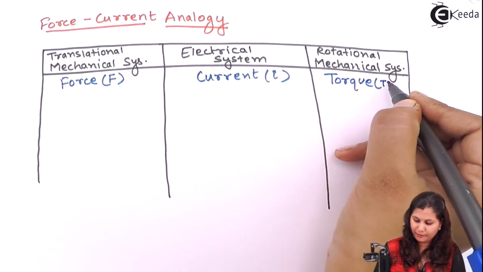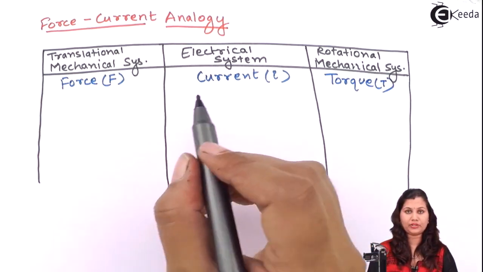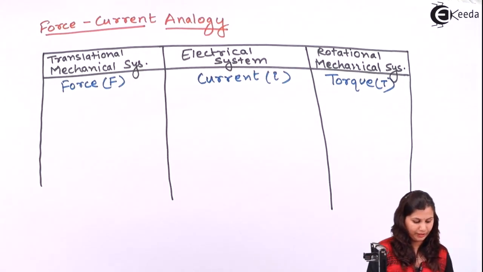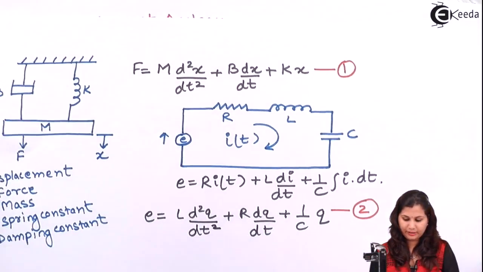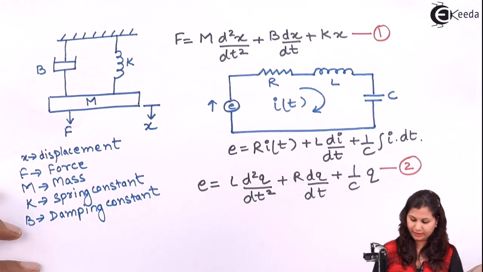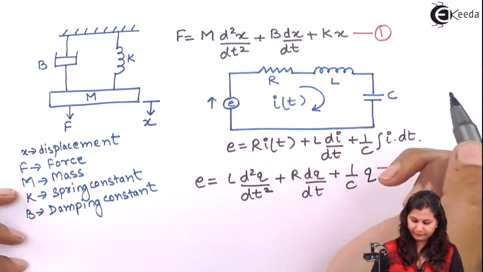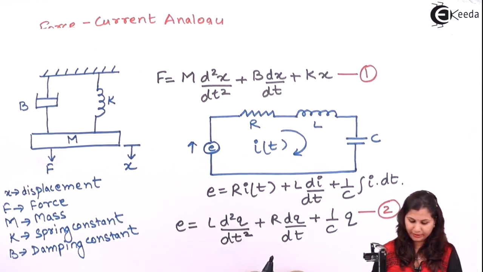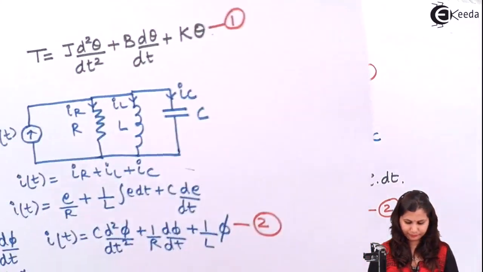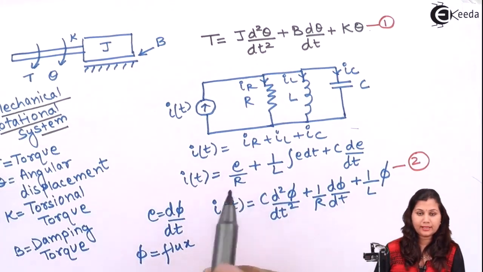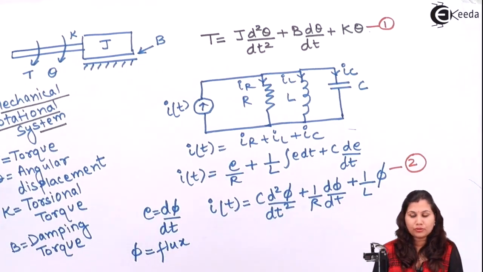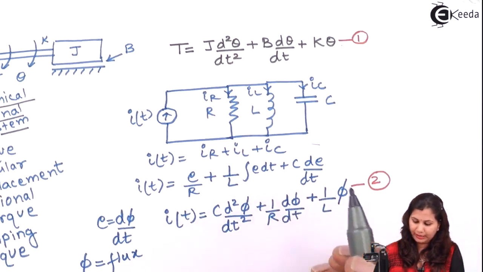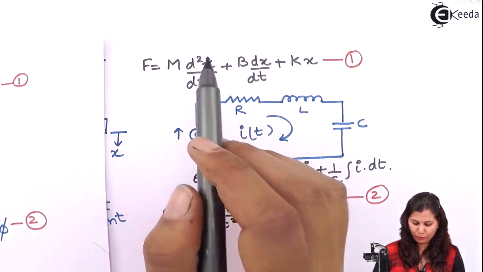So we are going to compare the force and torque equations with the current equation. Again consider these translational and rotational systems. Here we have force, and we will compare this with this parallel combination. So torque will be equal to current, and this will be equal to the force.